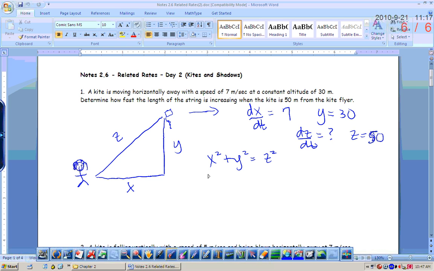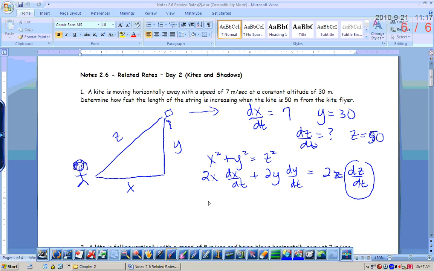All right, so the derivative will be 2x dx/dt, good, plus 2y dy/dt. Now all I have to do is plug in the values of my variables and solve for what I'm trying to solve for, which is dz/dt.